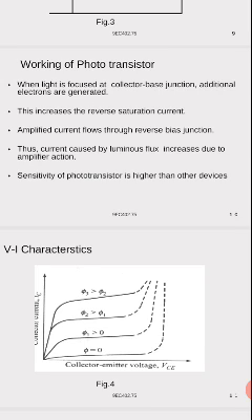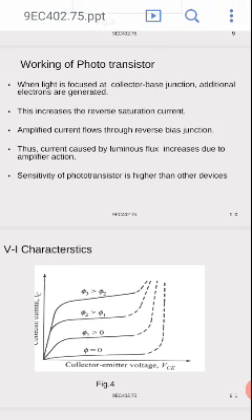Initially flux is 0, and next one flux 1, flux 2, flux 3, like that it goes on increasing.